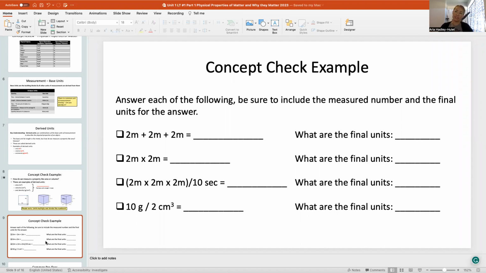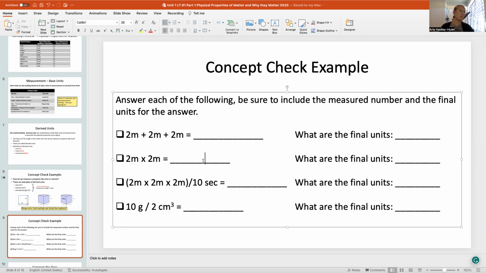When you're multiplying and dividing, they don't have to be the same unit, but the units multiply and divide. So here we had 2 meters multiplied by 2 meters. Numerically, we would get 4, but then the units would be meters multiplied by meters, or meters squared.